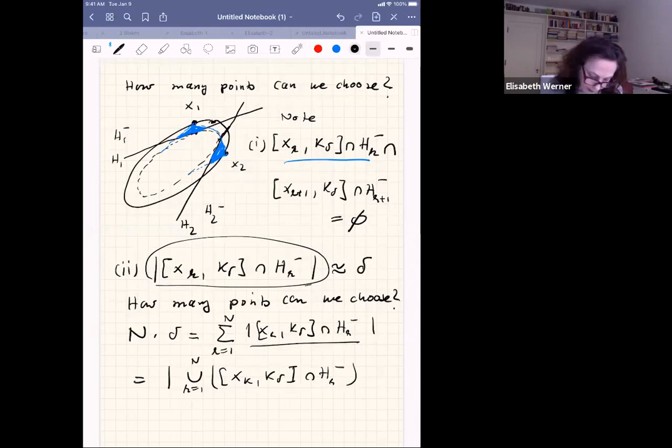And of course, we have to stop when the volume of these cones fills up.